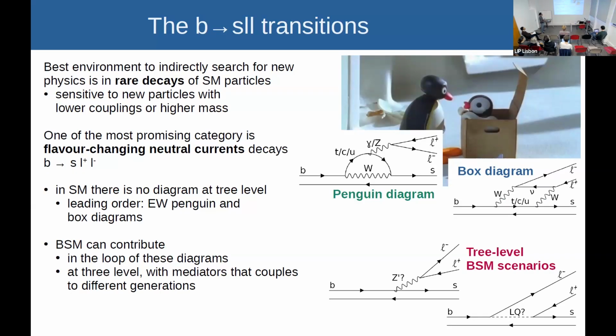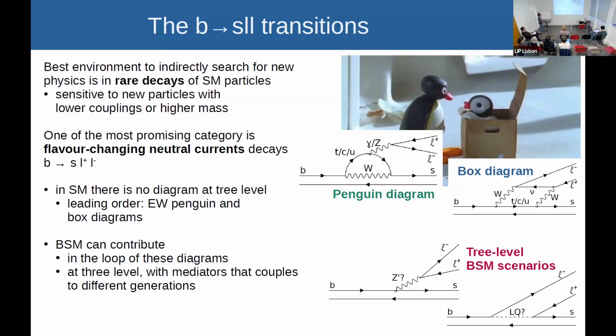These transitions are rare decays, and as such, they are quite sensitive to the virtual contribution of new particles that may have low couplings with the standard model particles or very high masses, and so we need to increase this sensitivity.